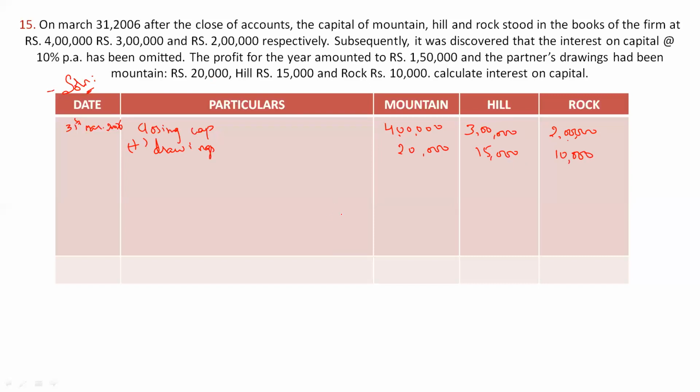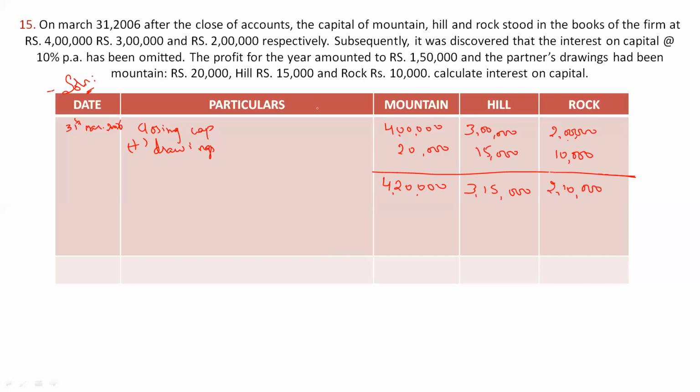Now we will get a certain figure. For Mountain we are getting 4,20,000 rupees till now, for Hill 3,15,000 rupees and for Rock 2,10,000 rupees.